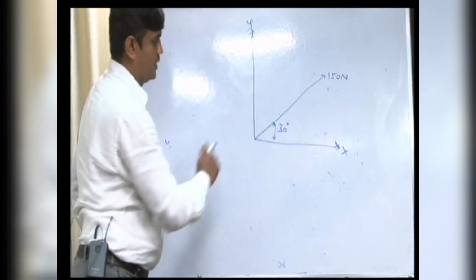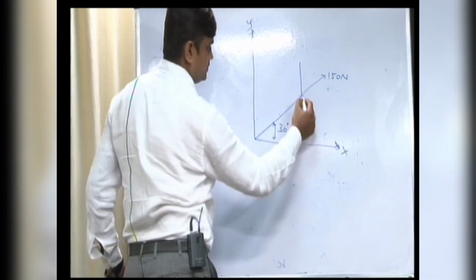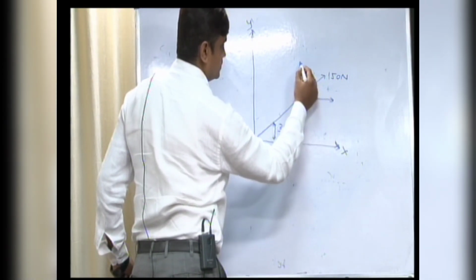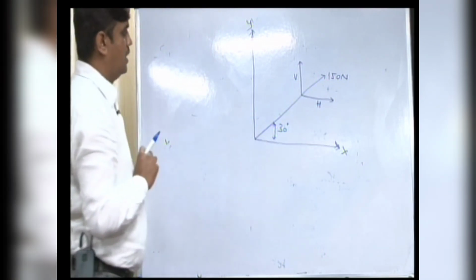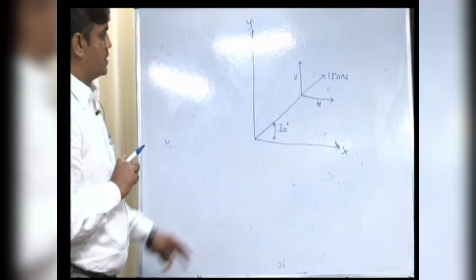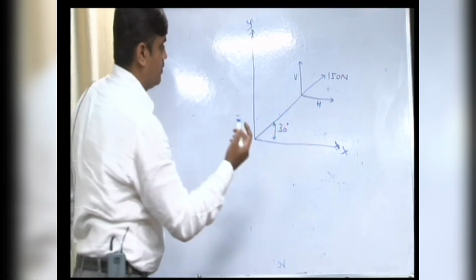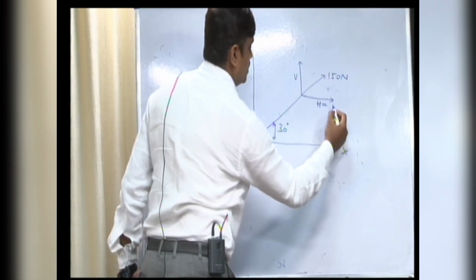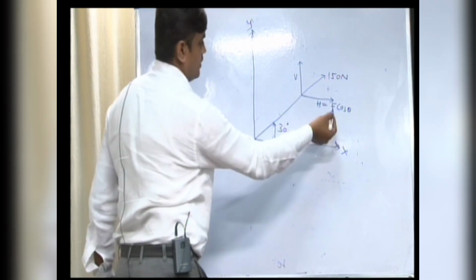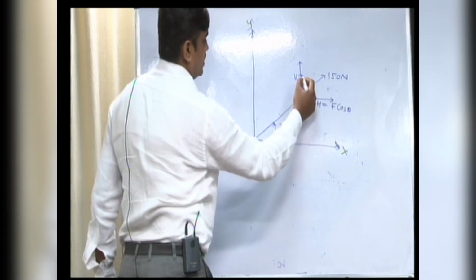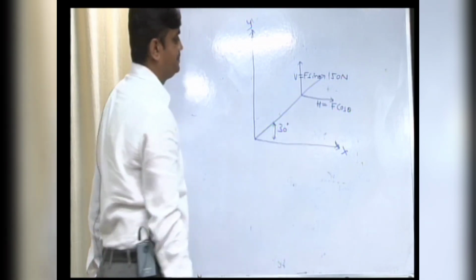This is a point to be noted. Now resolve the force. This is the vertical and this is the horizontal component. As I told you, for a force making an angle with the x axis, the horizontal component will be H is equal to F cos theta. As earlier I told for R, now we can consider F as F cos theta and F sin theta.